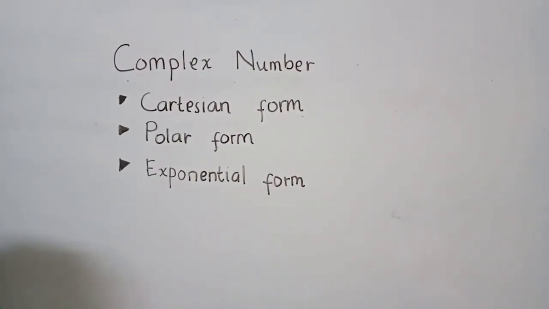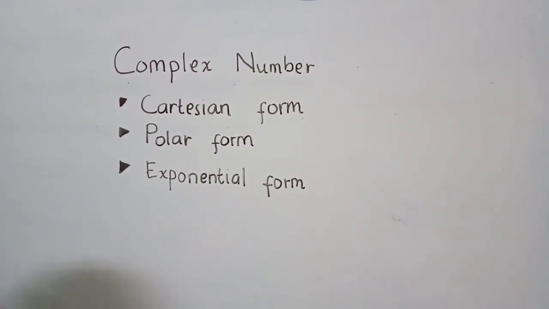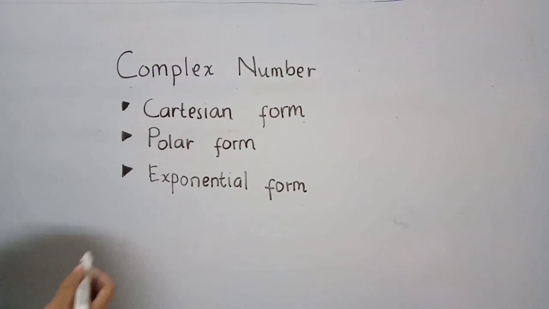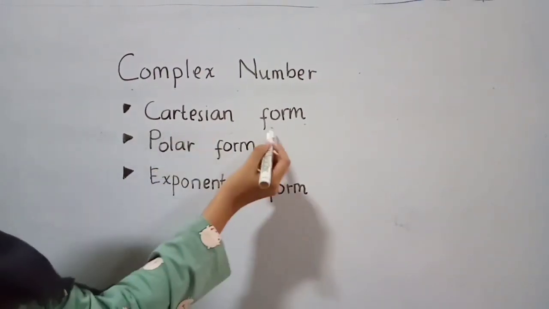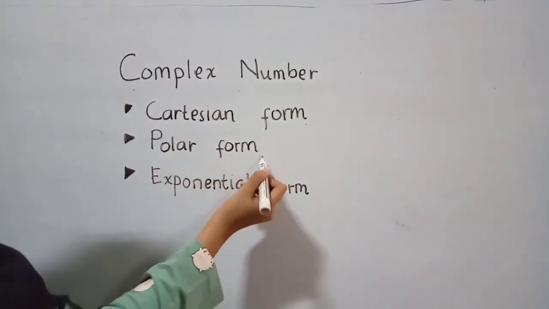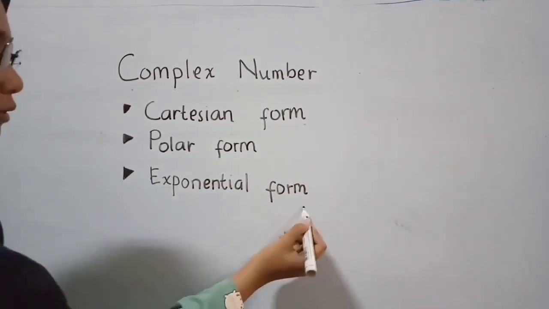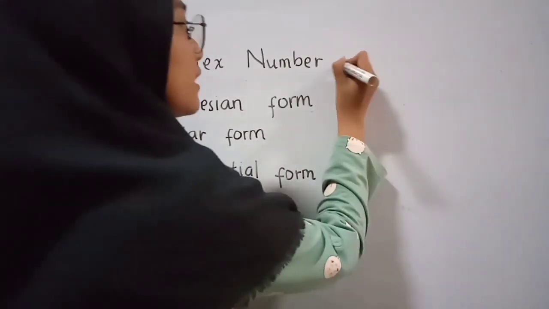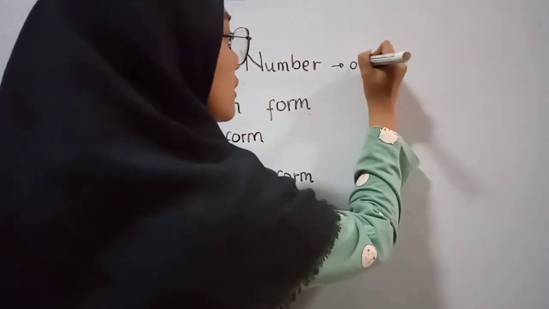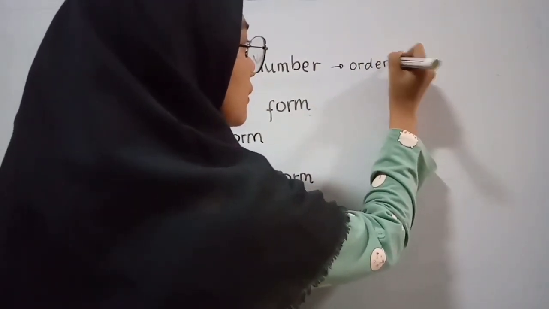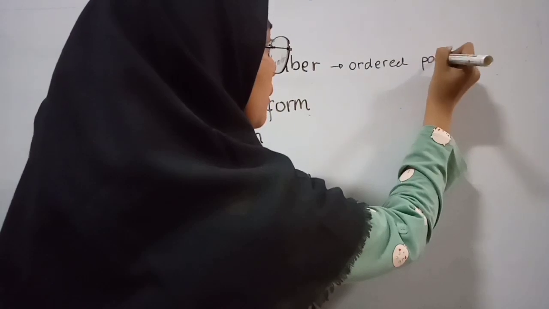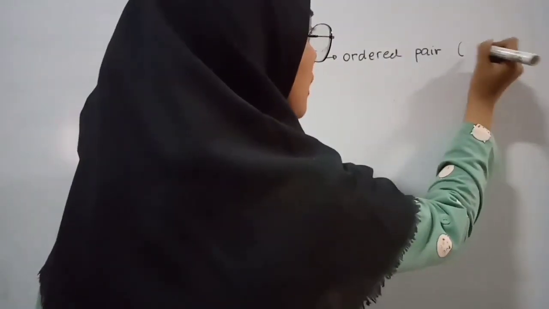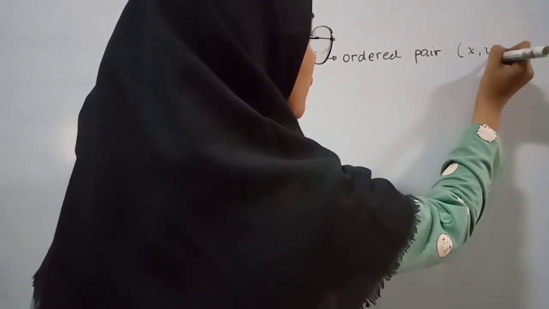Now we will learn about complex numbers. A complex number can be stated in three forms: the first is Cartesian form, then polar form, and the last is exponential form. As we know, a complex number is an ordered pair (x, y).